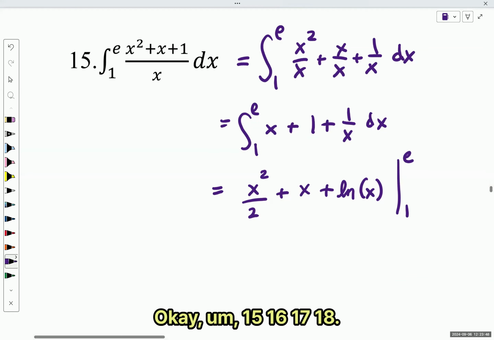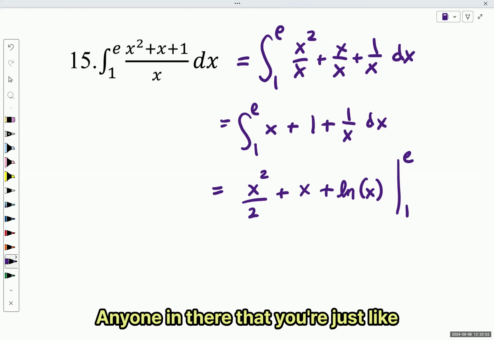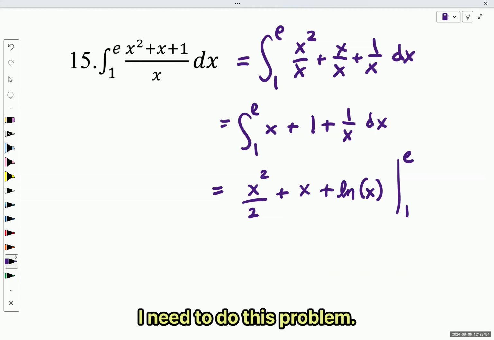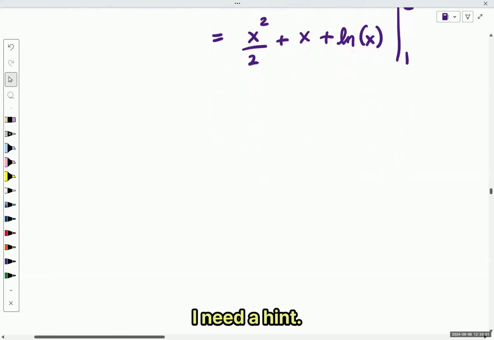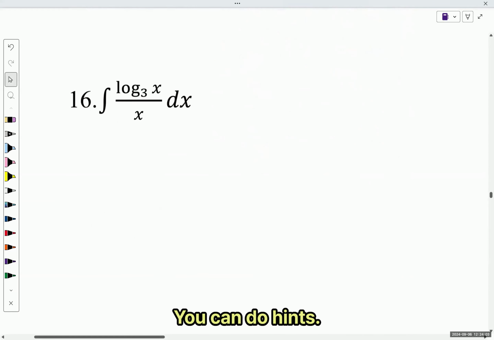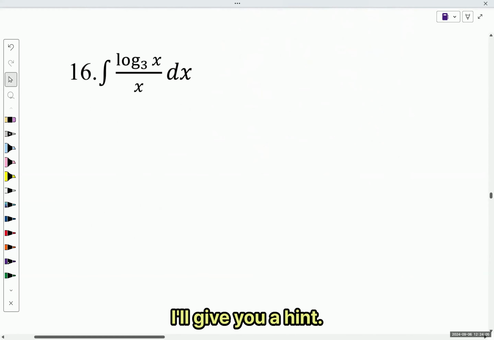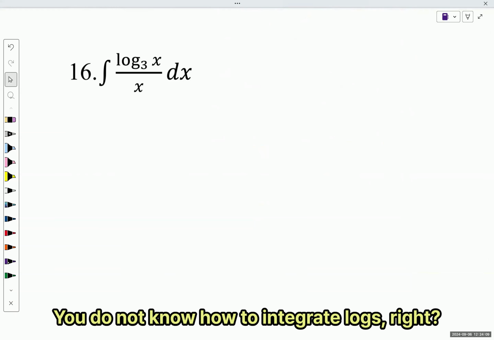Okay. 15, 16, 17, 18. Anyone in there that you're just like, I need to do this problem? Or I need a hint? We can do hints. I'll give you a hint. You do not know how to integrate logs, right?